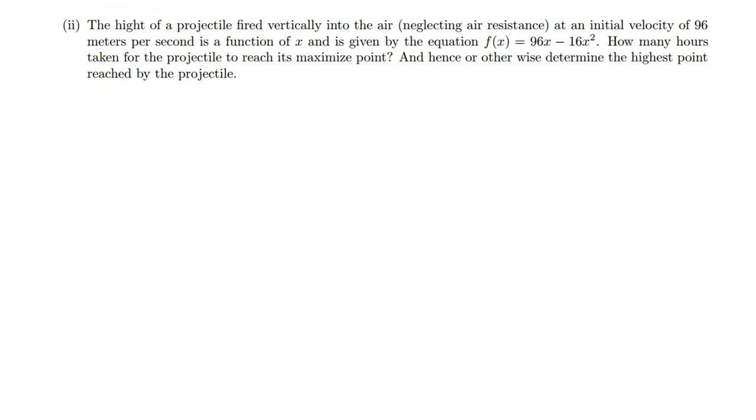Whenever you hear maximum or minimum, just know to say at maximum. At maximum, this is what you need to know: x is found by finding negative b over 2a from the given quadratic equation.